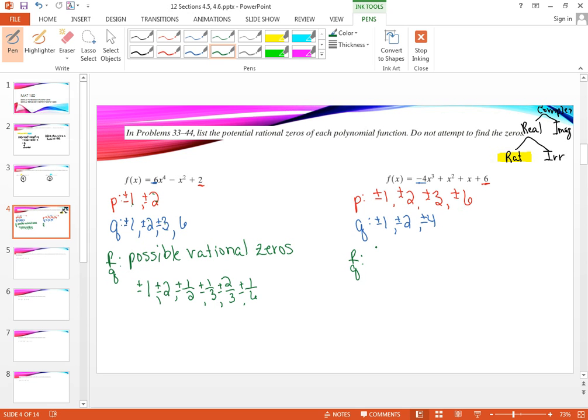Let's see. So 1, 2, 3, 6, 1/2. 2 over 2 is 1. 3 over 2. 6 over 2 is 3, I already wrote that. 1/4. 2 over 4 is 1/2. 3/4. And then 6/4 is 3/2, I already wrote that. So plus or minus, plus or minus, plus or minus.